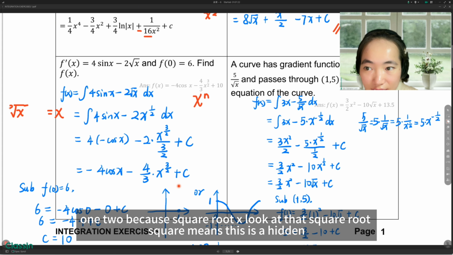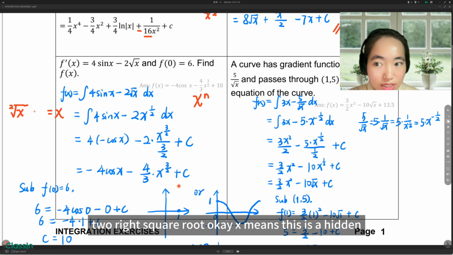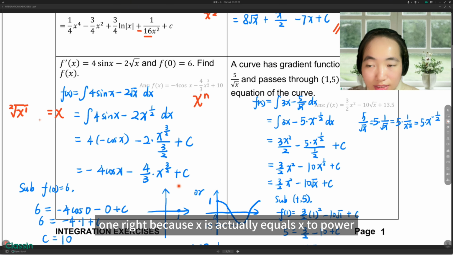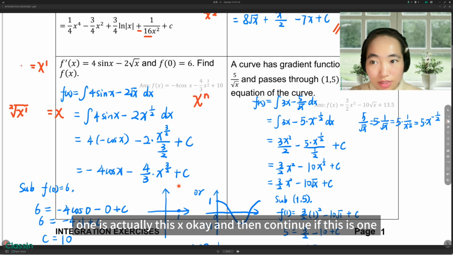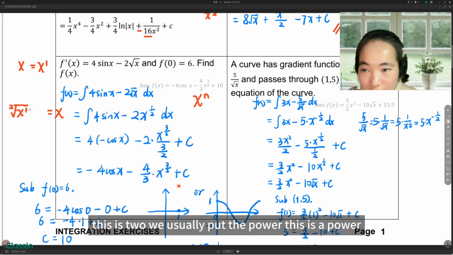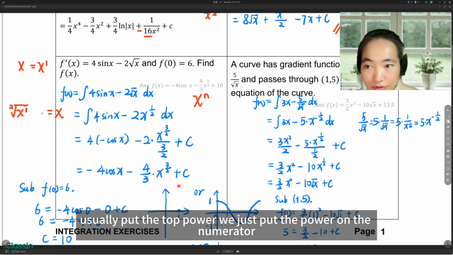Square means this is a hidden 2, right? Square root. Okay, x means this is a hidden 1, right? Because x is actually equals x to the power 1. X to the power 1 is actually this x. If this is 1, this is 2. We usually put the power on the numerator.